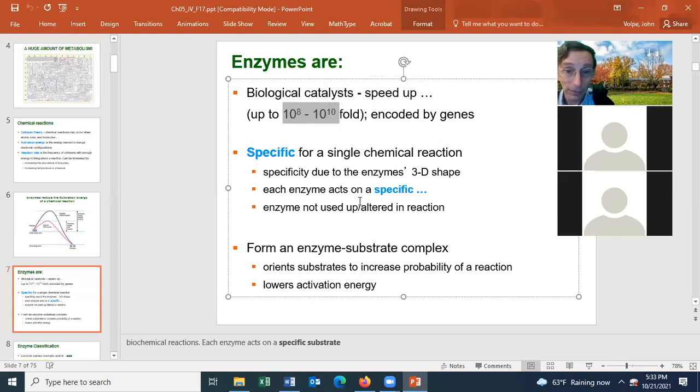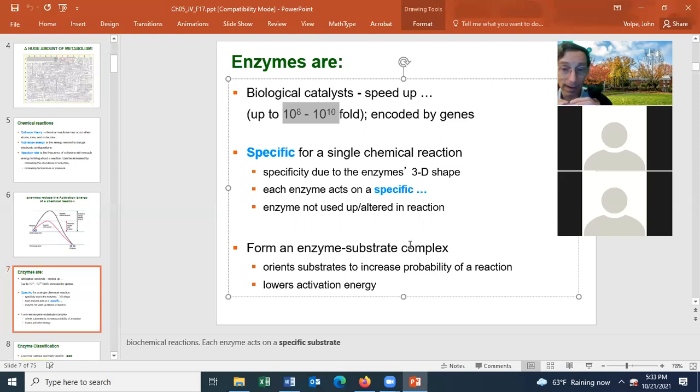Enzymes also bind to the substrate, so they form an enzyme substrate complex. So when the substrate comes to the enzyme, the two actually bind, and then that orients the substrate, increasing the probability that the reaction will occur.